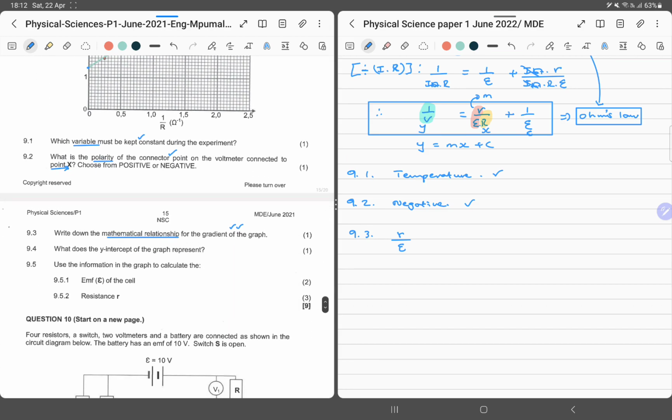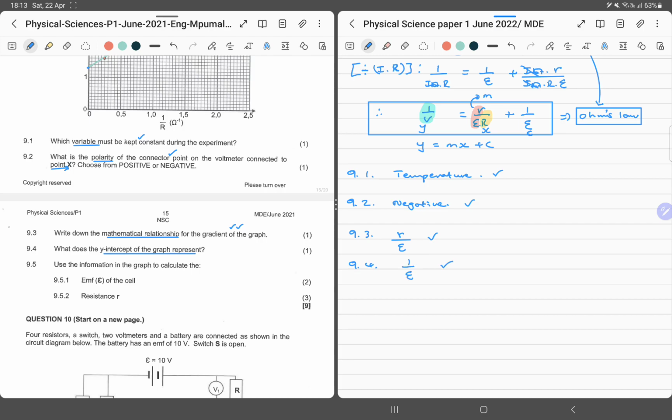Okay, so you get your 1 mark again. So 9.4 says, what does the y-intercept of the graph represent? Obviously the y-intercept in our equation is the constant, so it's 1 over EMF. You walk away with your mark.